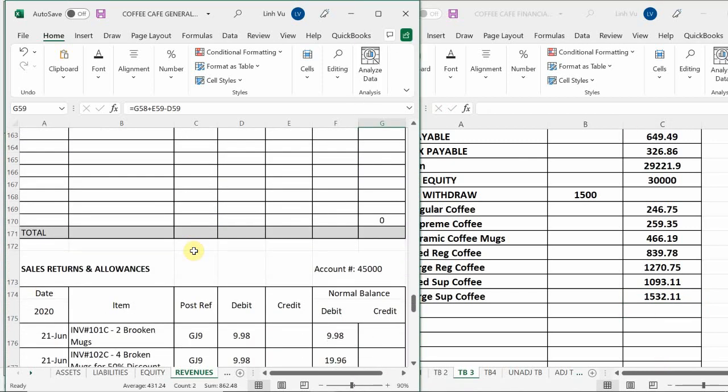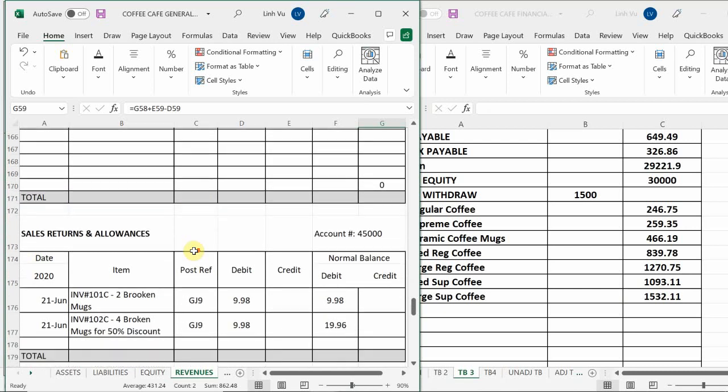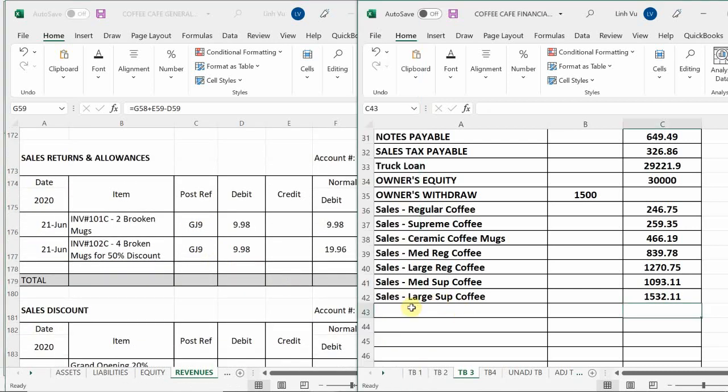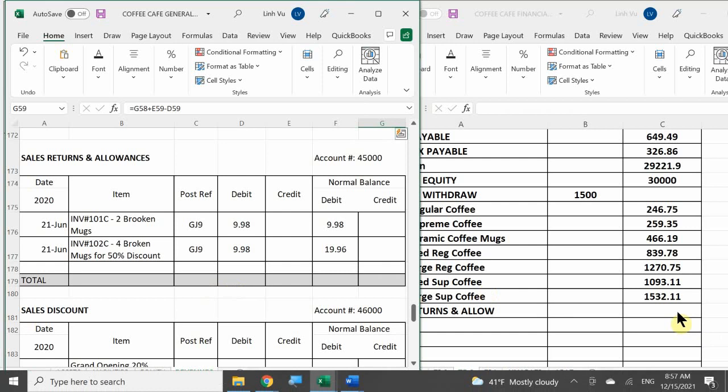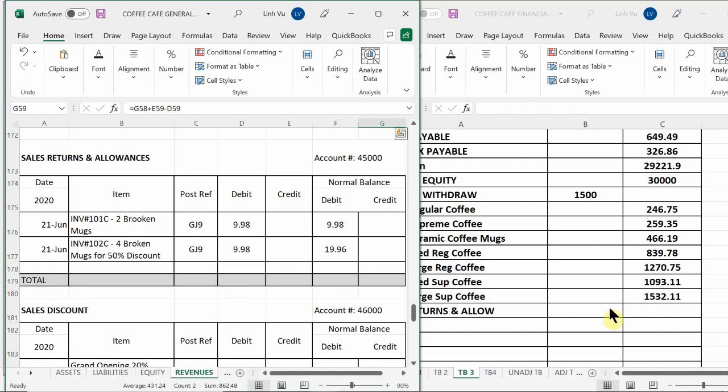The next we have here is going to be sales returns and allowances. Okay, for how much? 1996, so it's going to be on the debit side.